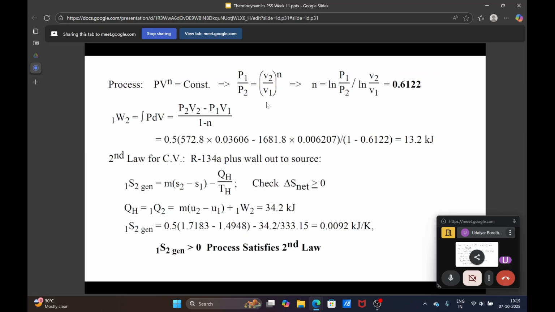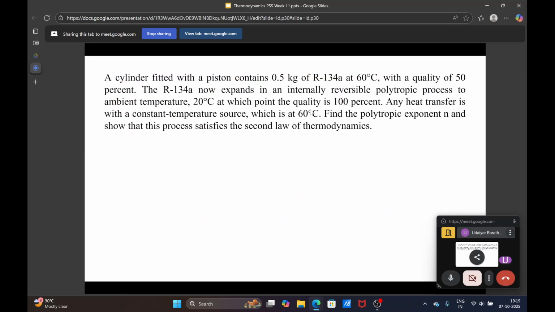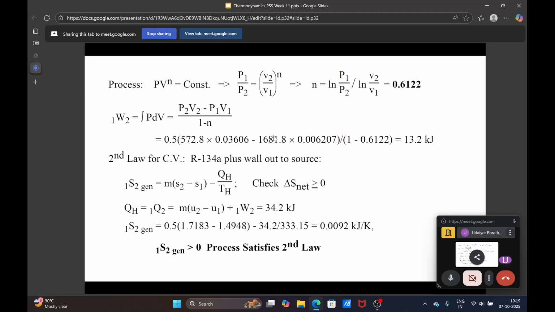Next we need to find out whether the process is possible, whether it satisfies the first law. So for that, first we will estimate the work done, because we need to find out the heat transfer which is happening.